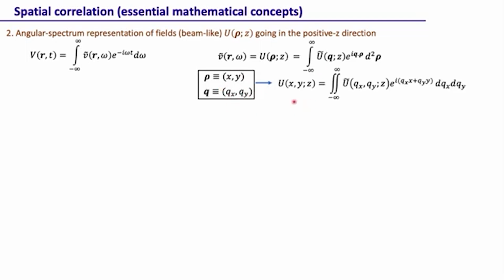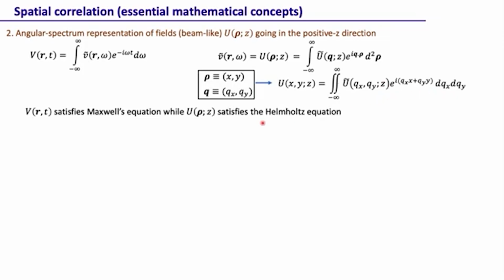If we use this Cartesian system, then this same equation we can write as u(x, y; z). I'm using a semicolon before z just to make sure that for z we are not going to the conjugate basis; only for x, y we are taking the transform. So it is u(x, y; z) in terms of ũ(qx, qy; z), and that's the Fourier relation.